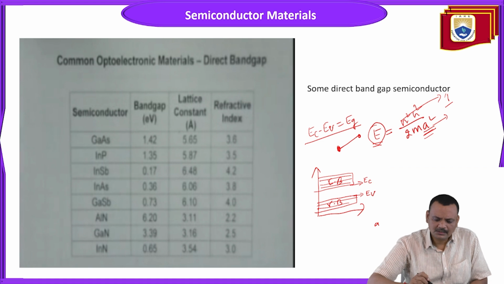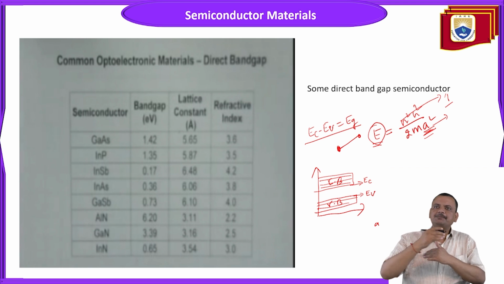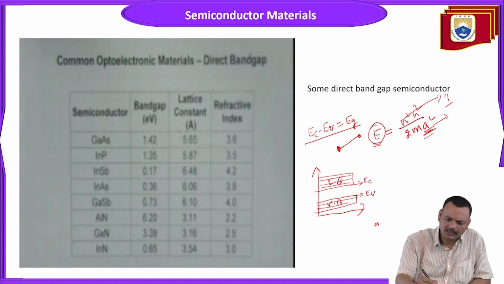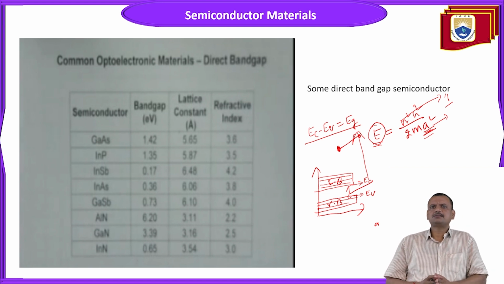Once the A value is small, you will get higher energy levels, and the difference between these energy levels will also be greater, and that difference appears in the form of the energy band gap.